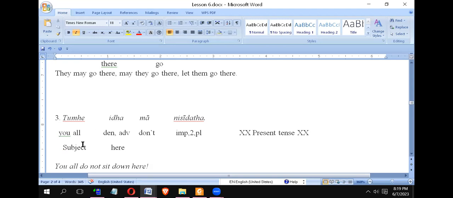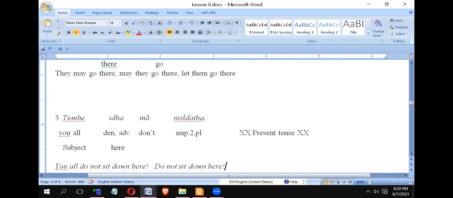But then this is a command. So may you all not sit down here. But if you put "may", it doesn't sound like a command. Do not sit down here. Now it's better. It sounds like a command.